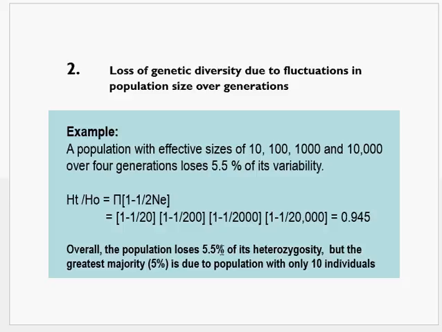So loss of genetic diversity is particularly pronounced when your population size fluctuates over time. If your population size remains constant and high, then the genetic diversity is not going to be lost.